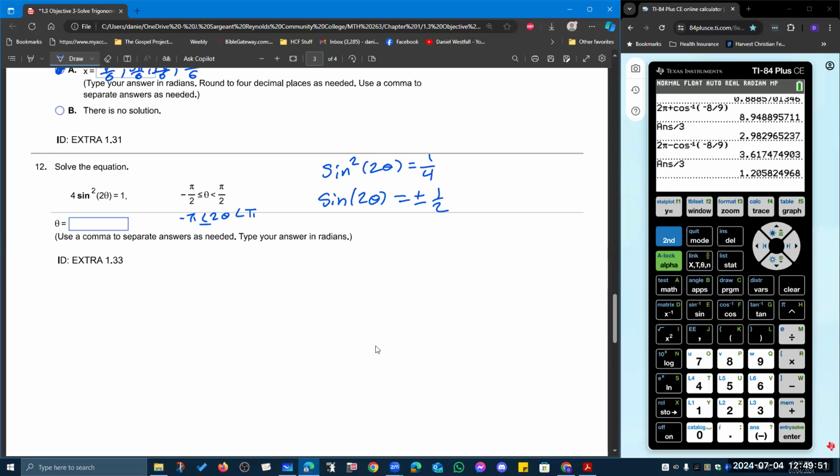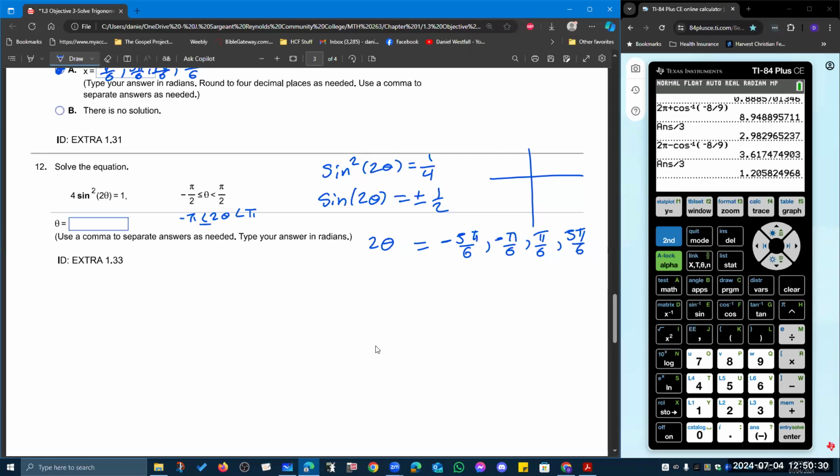So 2 theta is equal to -5 pi over 6, -pi over 6, positive pi over 6, positive 5 pi over 6.